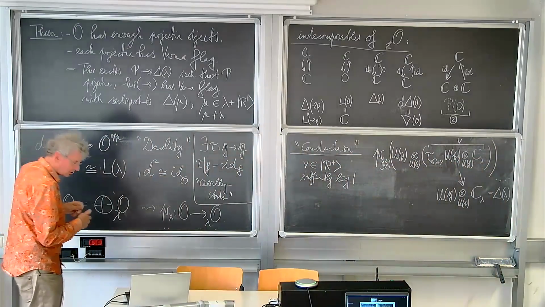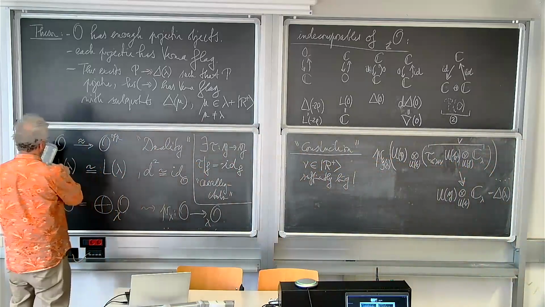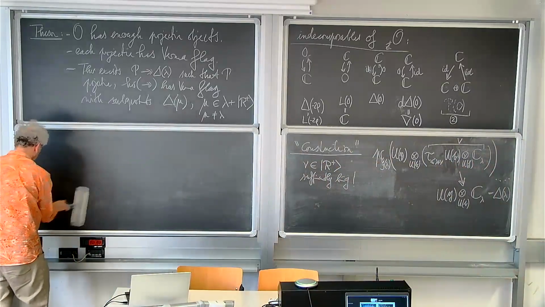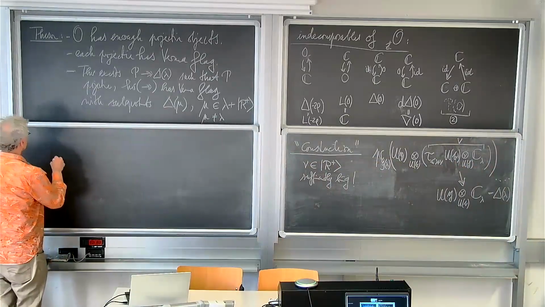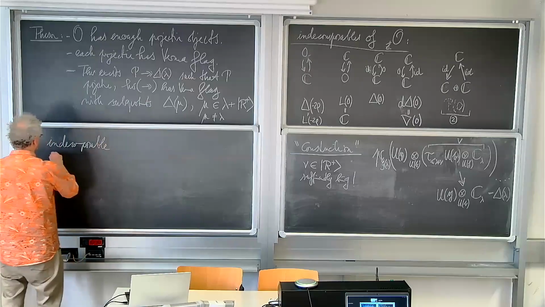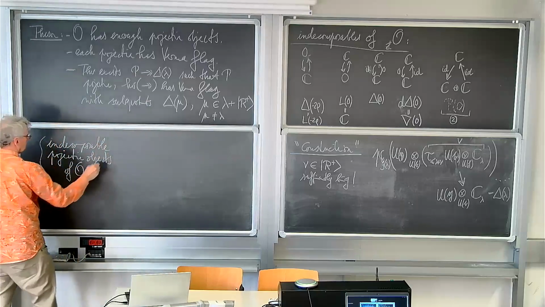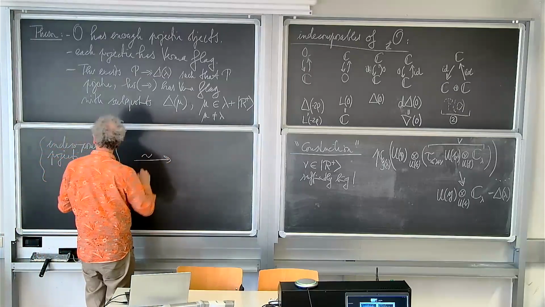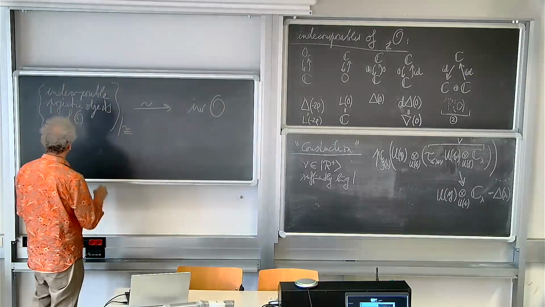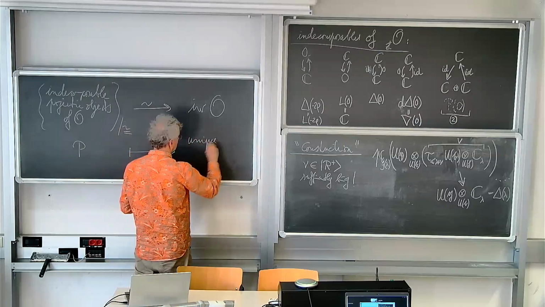And then there is some general nonsense which tells us that we have a bijection between indecomposable projective objects, up to isomorphism, and simple objects of O. If we have an indecomposable projective object, then it has a unique simple quotient.